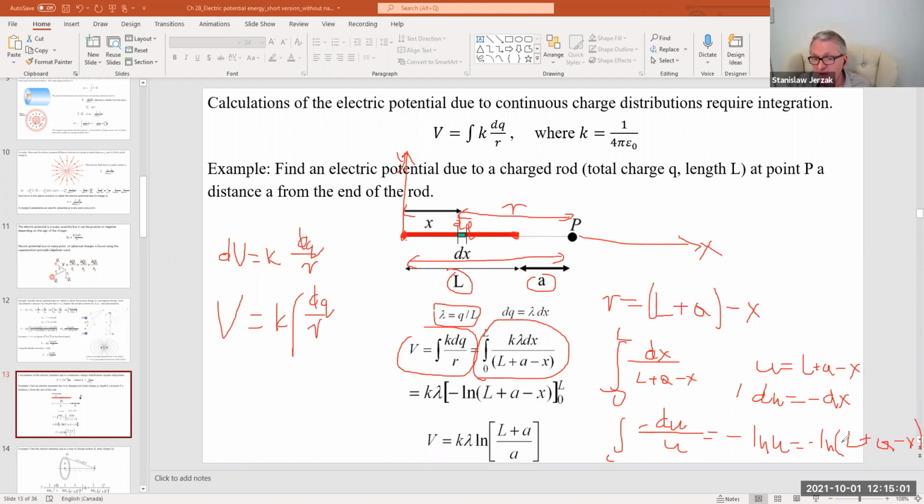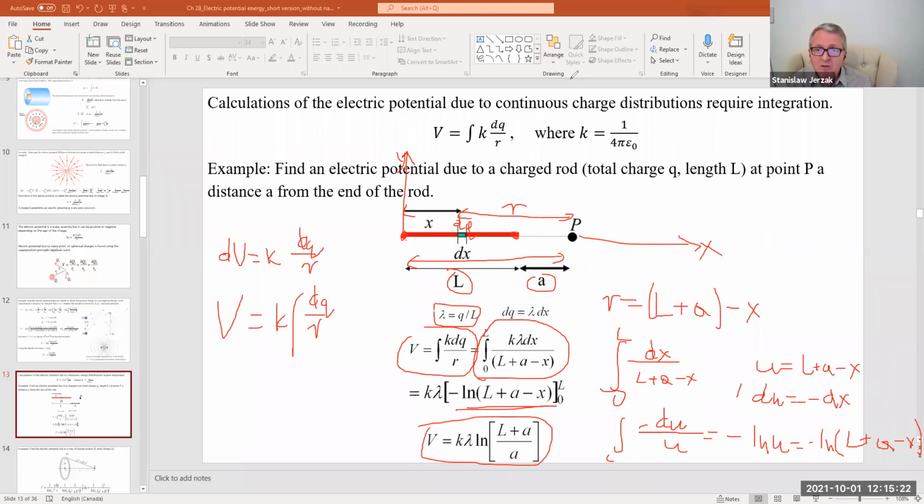So that's how you evaluate this integral, which is written here. And then you substitute the upper limit for x and the lower limit for x, and you combine these two logarithms, and this would be the electric potential at point P. We did these calculations previously in Physics 1801. So that's how I did this calculation on this slide.